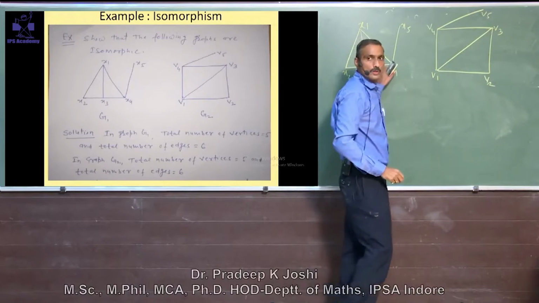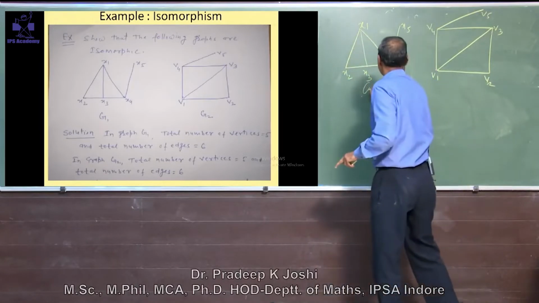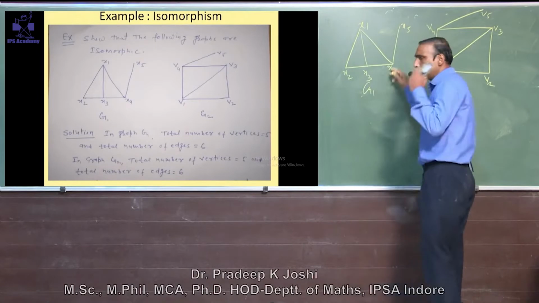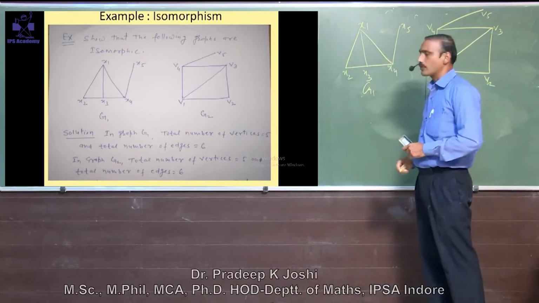So these are the two graphs given here. This is G1 and this is G2. And we have to test whether both graphs are isomorphic or not.